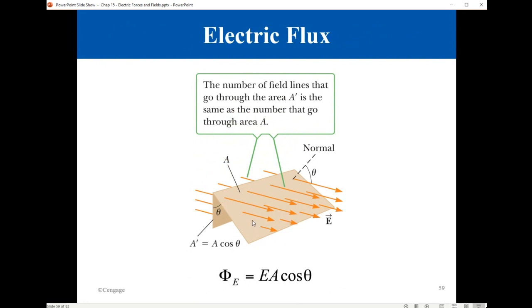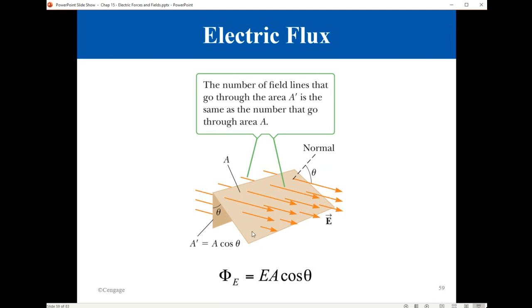Another way to look at this is to represent the area by a vector. The vector A that represents the area will be perpendicular to the surface in direction and in magnitude equal to the numerical value of the area. So this way, we say E multiplied by A cosine theta, where A cosine theta is the component that is penetrated by the field, that is perpendicular to the field lines.